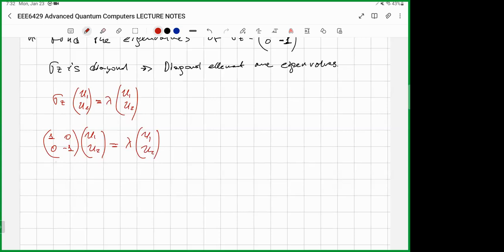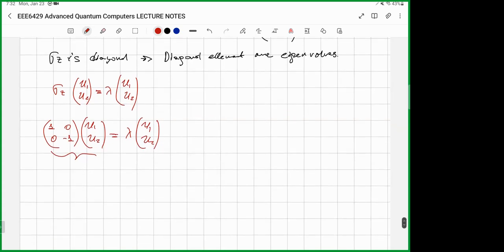Now take this product. The first element will be simply u1, because 1 times u1 is u1, 0 times u2 is 0. The second one is equal to minus u2, and this is equal to lambda times u1, u2. So from here we conclude that lambda 1 is equal to 1, and lambda 2 is equal to minus 1.